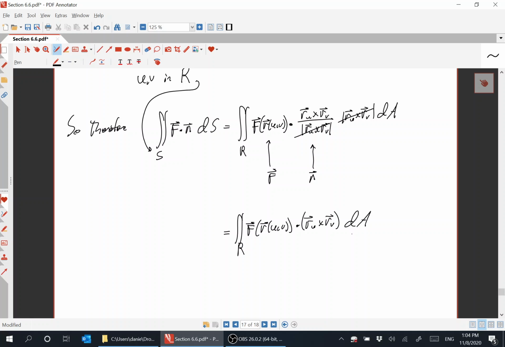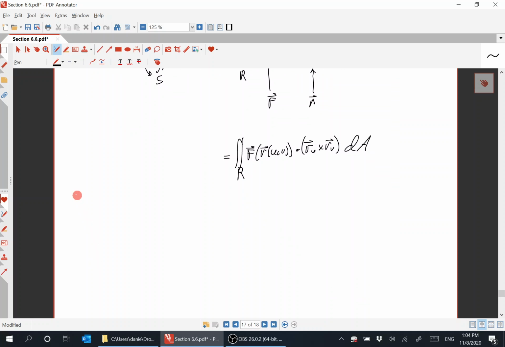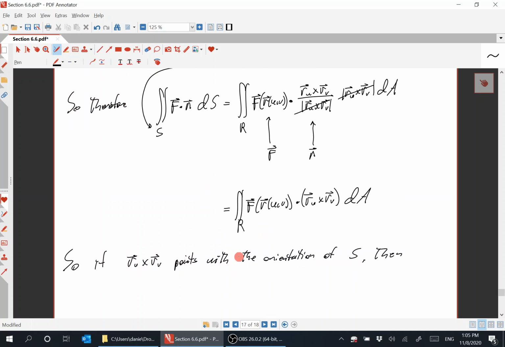Just like the scalar formula in a lot of ways. So if Ru cross Rv points with the orientation of S, rather than Rv cross Ru, then, let's just sum it up.